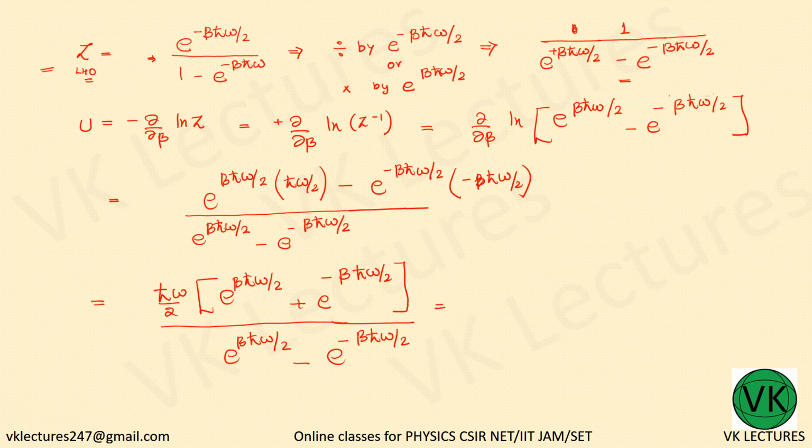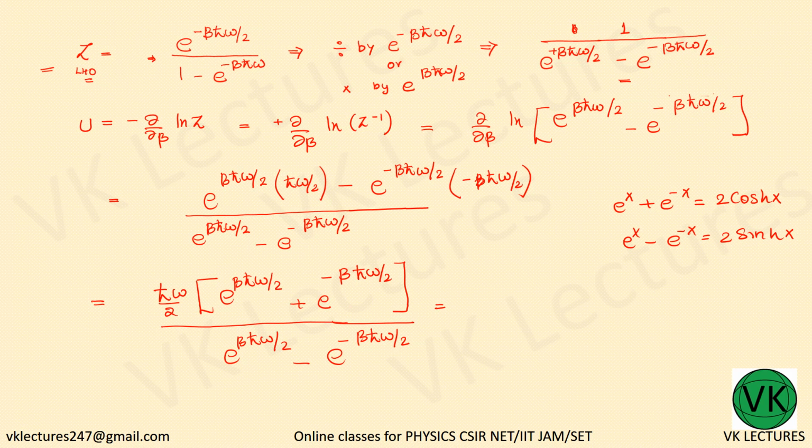Now we have seen e to the power x plus e to the power minus x equal to 2 cos hyperbolic x, and e to the power x minus e to the power minus x equal to 2 sine hyperbolic x.